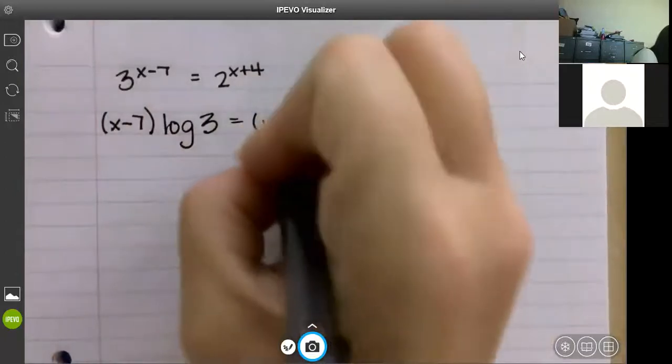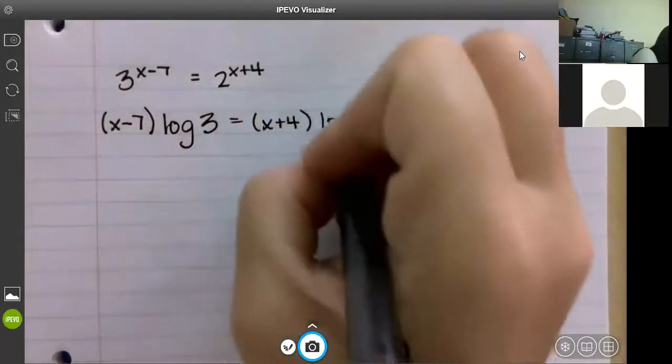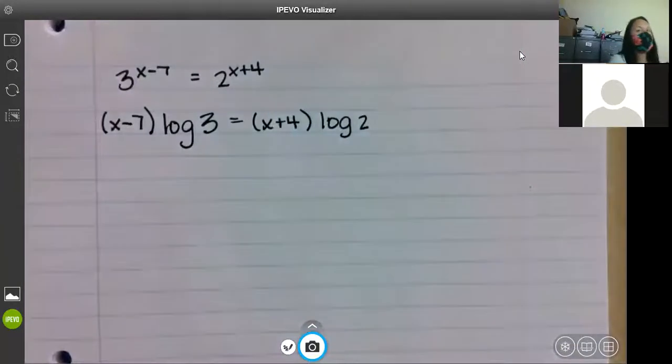All right, how do I get those powers down? Yep. And I'm going to go ahead and bring them down on the next line. My power comes down because I logged 3. My power comes down because I logged 2. If you have to do it in 2 separate steps, do it. If you can do it in 1, do it. What do I do now?